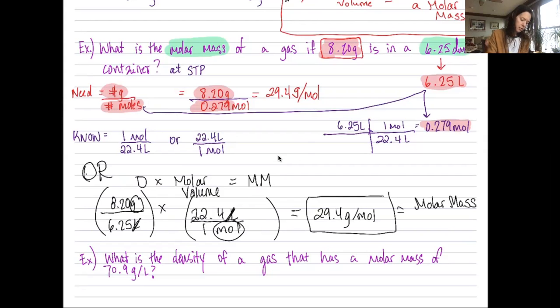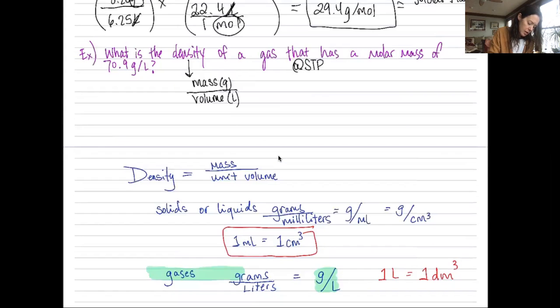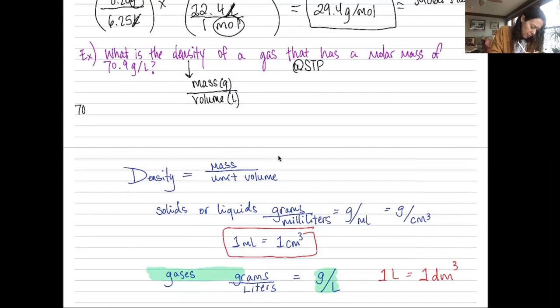Let's look at one more together. What is the density? So that means I need the mass in grams divided by the volume in liters of a gas that has a molar mass, and this is at STP, right? So I'd have 70.9 grams per 1 mole, and I know that 22.4 liters is 1 mole.